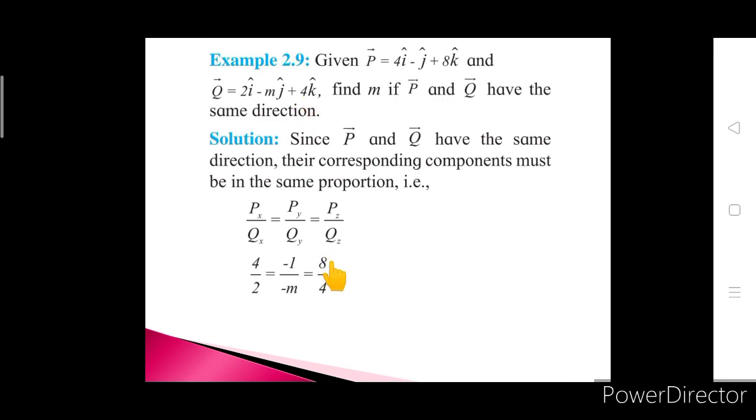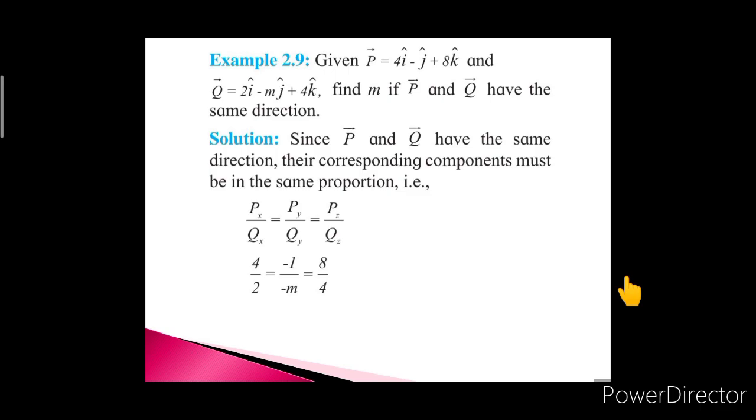So it is written as 8 upon 4. Now here the ratio becomes 4 upon 2 is equal to minus 1 upon minus m is equal to 8 upon 4, and hence it is to be written as 4 upon 2 is equal to 1 upon m is equal to 8 upon 4.